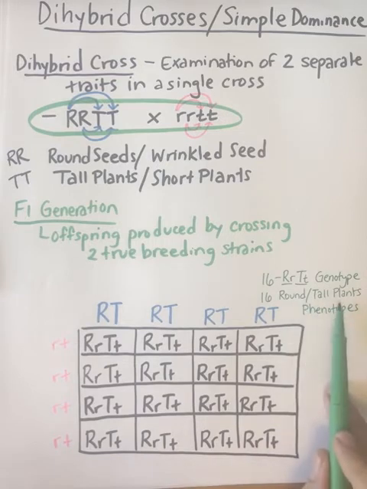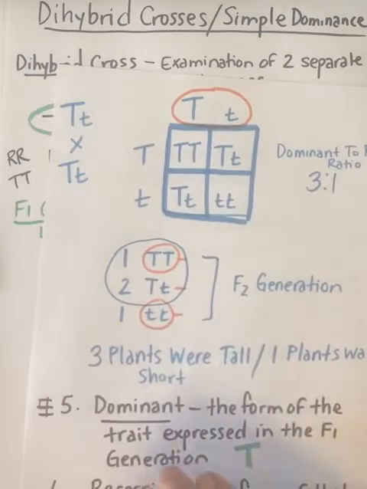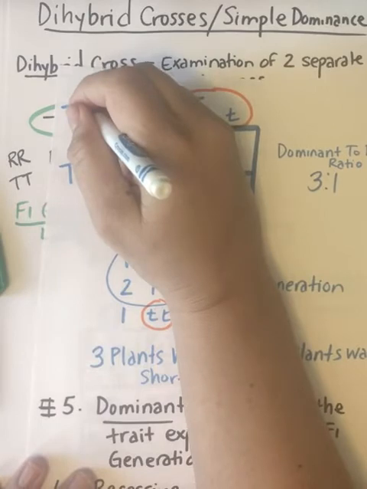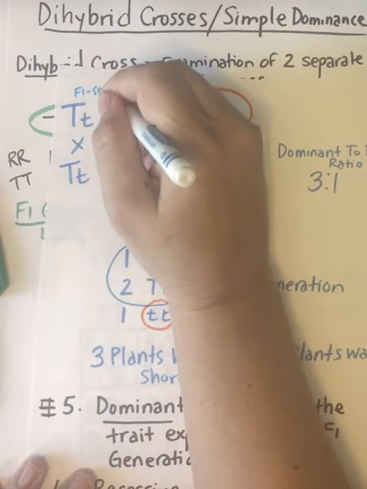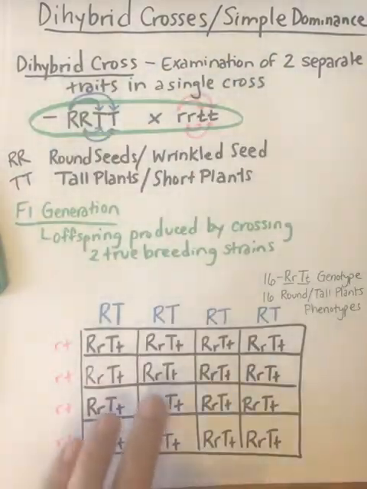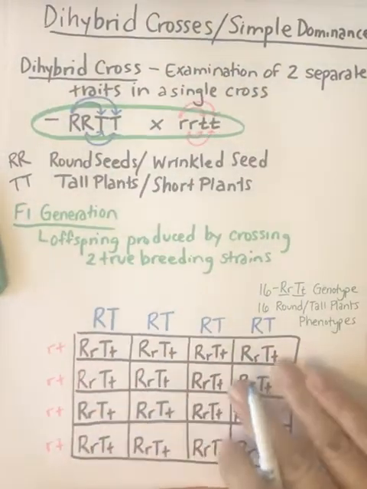They're round and tall. Now, when you say F2 generation, just like you had in simple dominance, you have to cross or self-fertilize your generation 1. So you cross your F1 generation or self-fertilize. So we have to self-fertilize 2 of these and do a Punnett square.